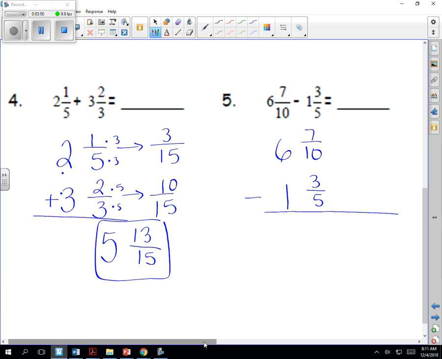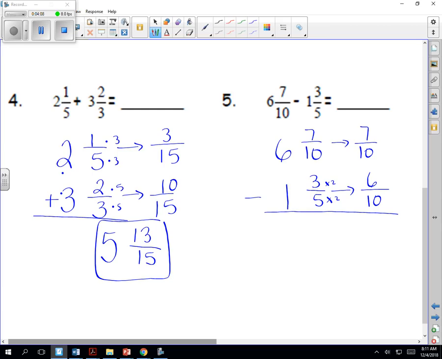The least common denominator of 10 and 5 is actually 10, so the 7 tenths does not change. But we have to rewrite the 3/5 so that it's in tenths. We're going to multiply by 2, so that gives me 6 tenths.